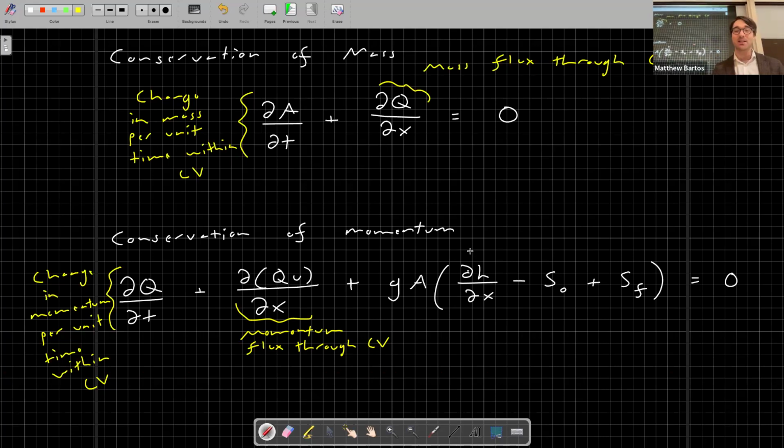Hydrostatic. So it's analogous to the pressure force. This is the hydrostatic force. Which one is gravity? Bottom slope. So this is the gravitational. And then the friction slope, this represents the frictional force.